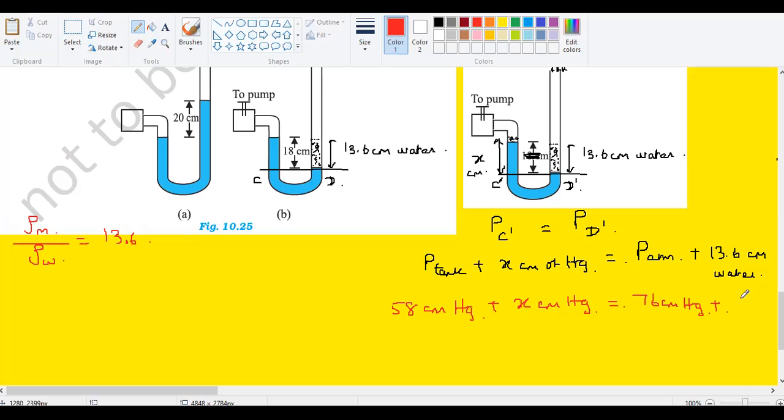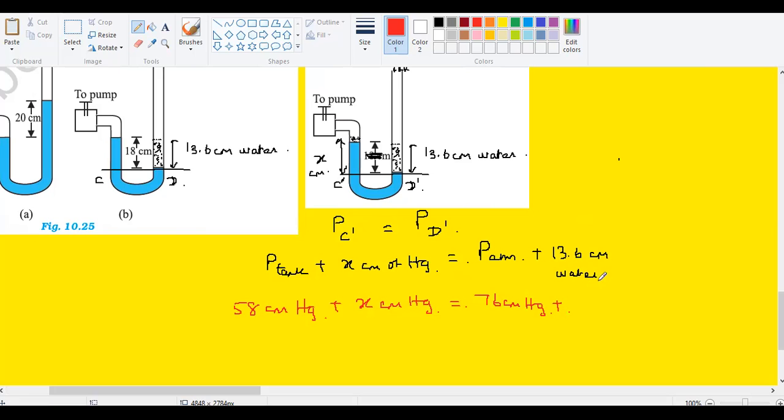So I'm going to write this as 1 centimeter of mercury. Why? Because 13.6 centimeter of water will be equivalent to only 1 centimeter of mercury, because just 1 centimeter of mercury will create the same pressure as 13.6 centimeter of water. If I want to do it much more clearly, let me see how we can explain that. So 13.6 times water.